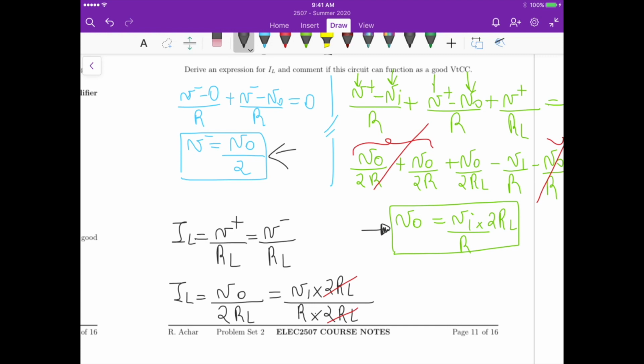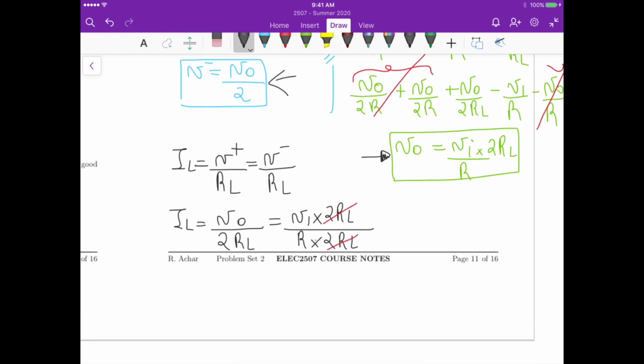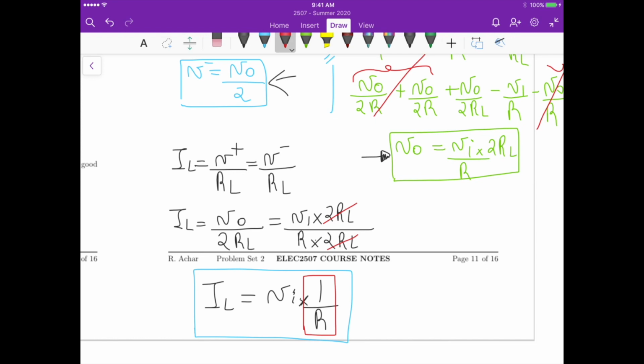And our final answer is just IL equals VI times 1 over R. This is the final answer. Okay, and this is our K. So this answer here is the answer that we are looking for.